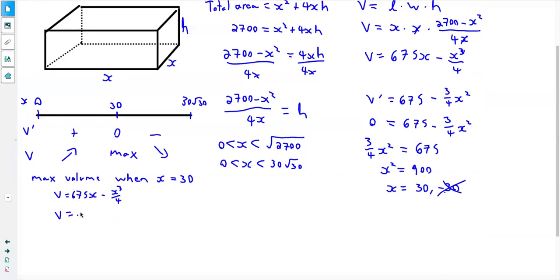So we've got V is equal to 675 times 30 minus 30 cubed divided by 4. And that gives us a volume of 13,500 centimeters cubed.